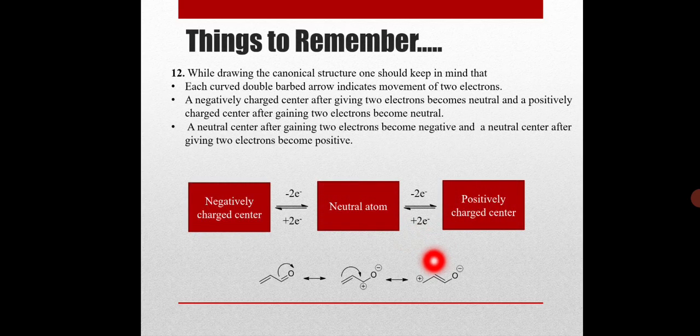This carbon neither loses nor gains electrons, so the center carbon remains neutral. I hope you understood all these 12 points well. Once you understand all these 12 points better, you will be able to draw the resonance structures quickly.